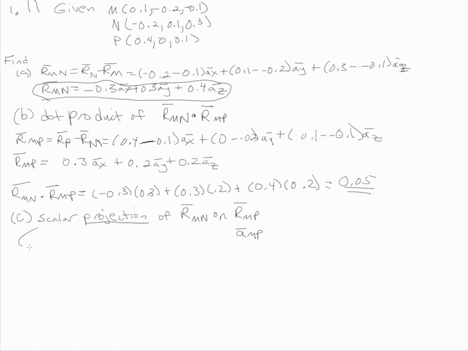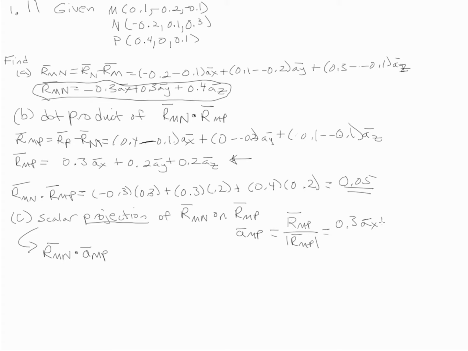So what they're asking for is this: what is R_MN dotted with A_MP? So that'll be the scalar projection. And so this is going to be equal to R_MP over its magnitude. We know what R_MP is because we just determined it right here, and so we just plug it in.